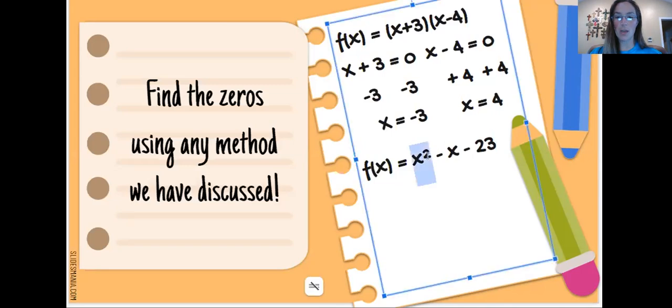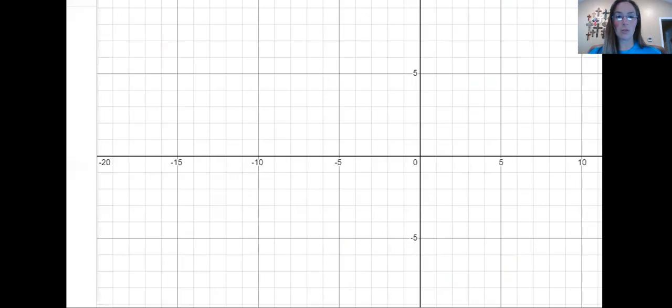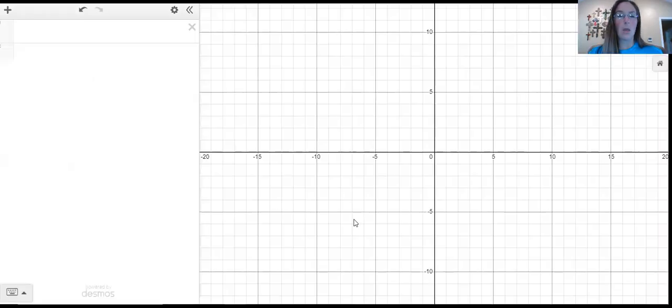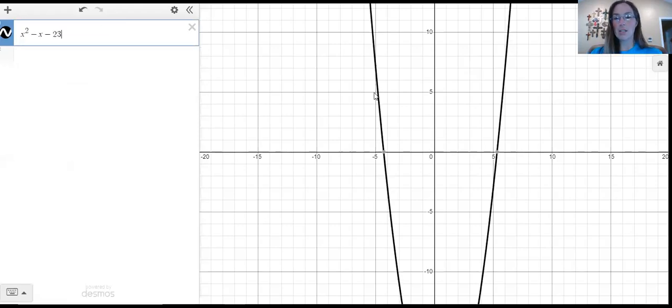So again, you know me, I like to copy and paste. So I'm going to do Control C, and then I'm going to go over to Desmos. Of course, I'm going to have to change my window here so that you guys can see what I'm doing. I'm going to paste this in, and this is the picture that it would give me. So here would be my two solutions.